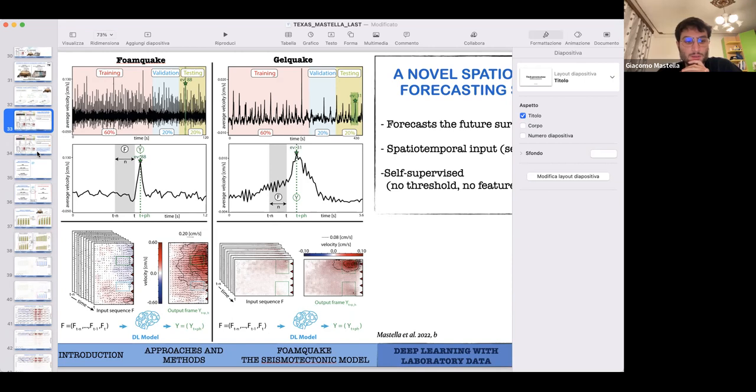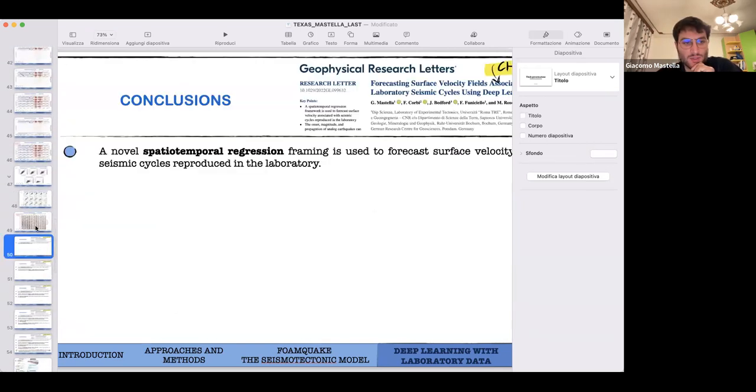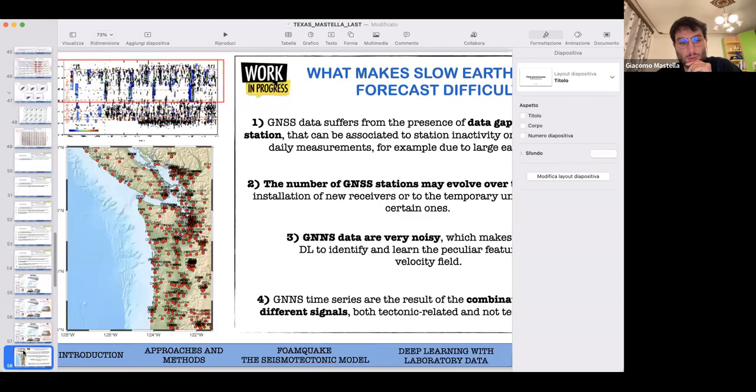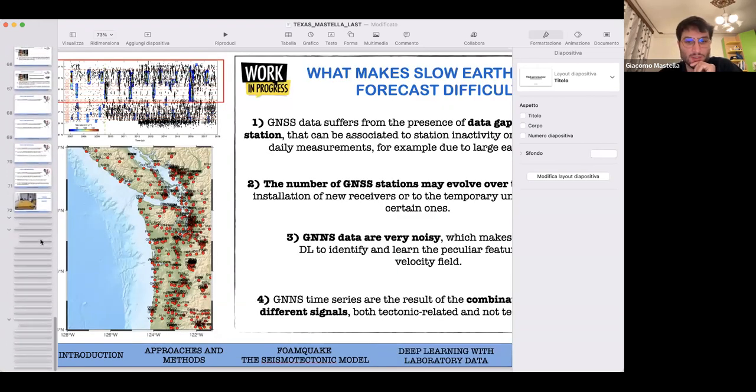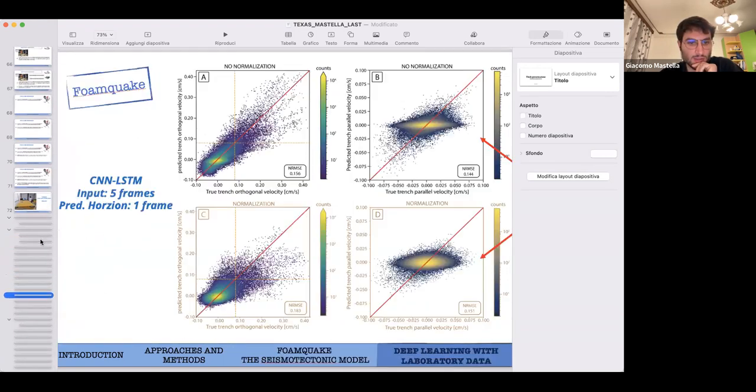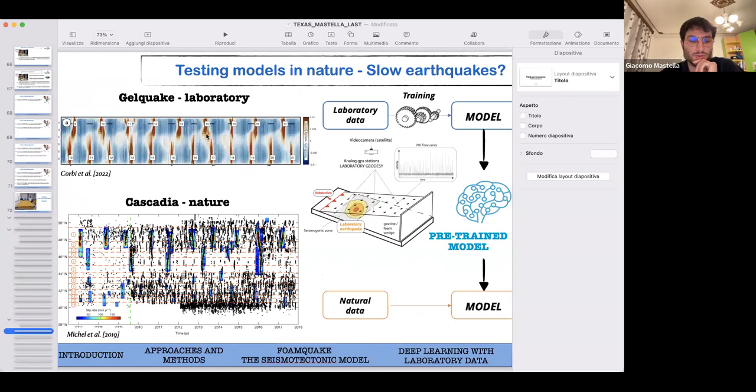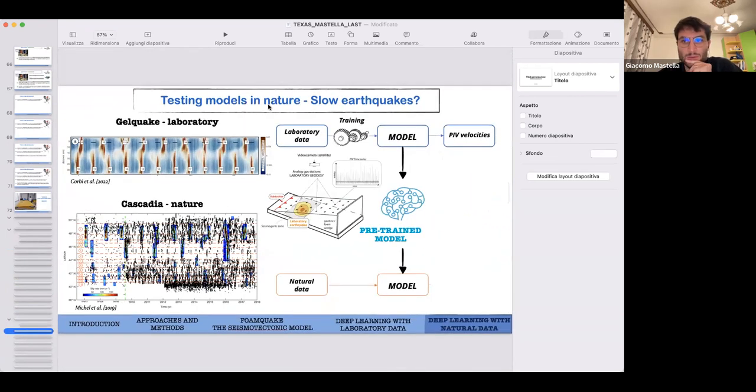Absolutely. And one dream for future work will be to try to use these architectures with slow earthquakes. One thing that we would like to try is transfer learning, which means simply training a model based on a given data set, in our case a laboratory data set, and then trying to use this model with natural data.